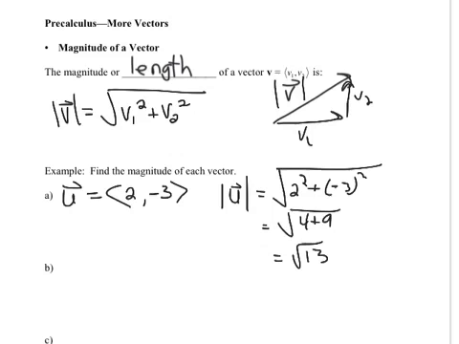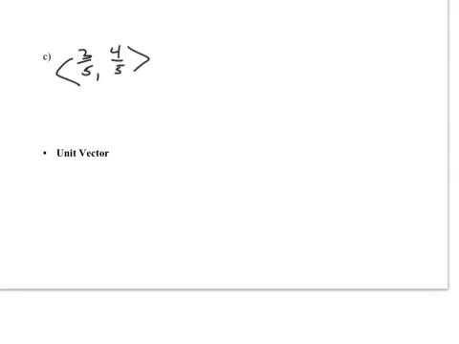We're going to talk about something called a unit vector next. If I looked at this vector, we'll call it vector w, and w's components are 3/5 and 4/5. Let's find the magnitude of w. So the magnitude of w is the square root.